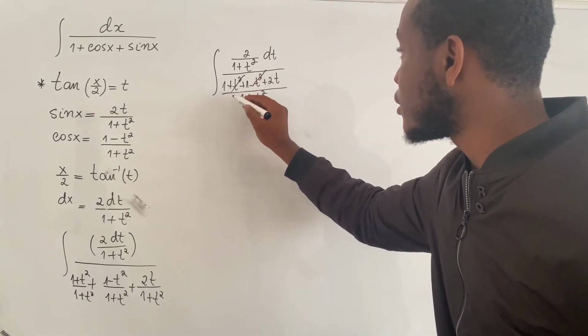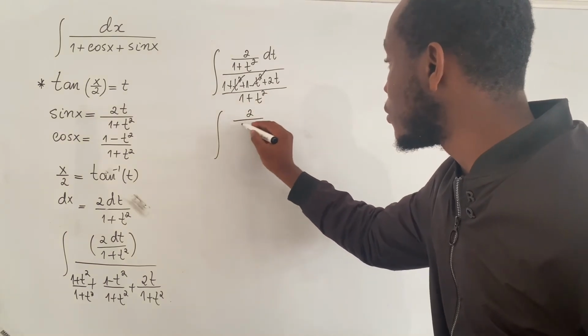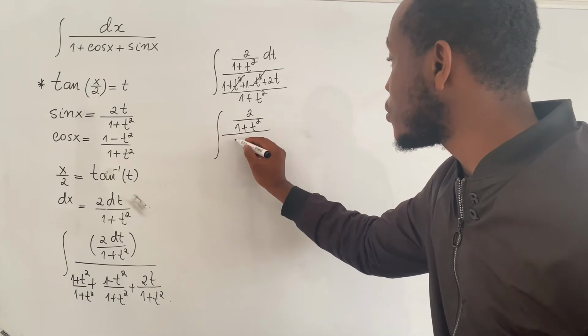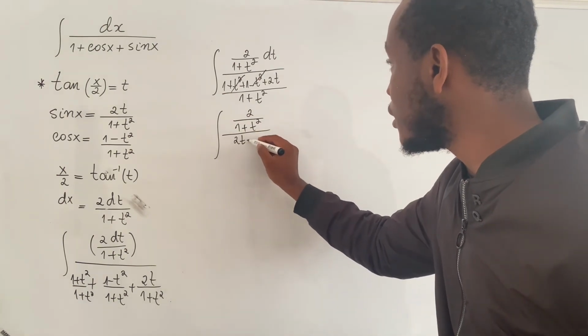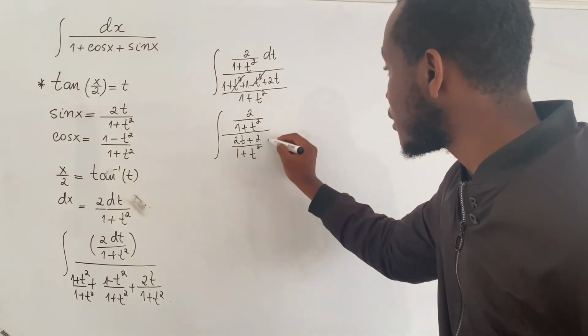These cancel because they're symmetric. So we're going to have the integral of 2 over 1 plus t squared over 1 plus 1, which is 2, so 2t plus 2 over 1 plus t squared dt.